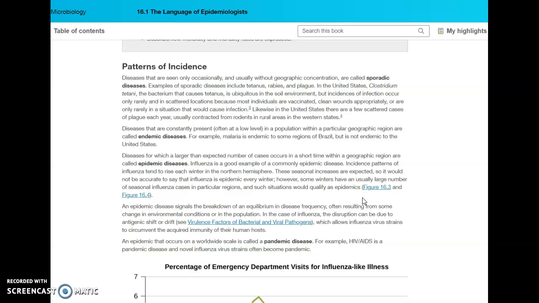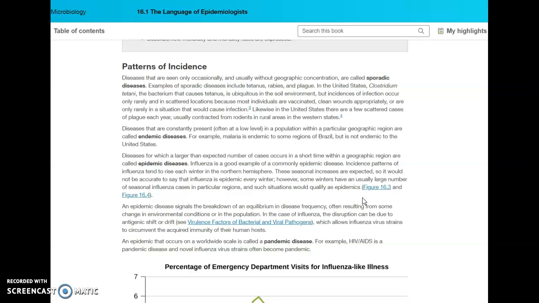Epidemic diseases are when we have diseases that occur in larger numbers than what we would normally expect. And so the flu can be epidemic. If we have a flu season that's kind of out of control, we would say the flu is epidemic in that year. Sometimes we'll see measles epidemics. We don't really expect to see cases of measles because so many people are vaccinated against it.